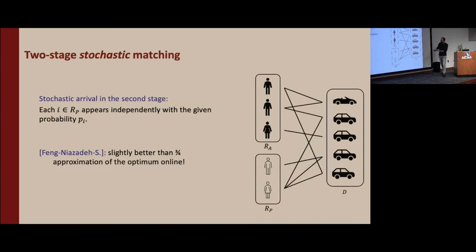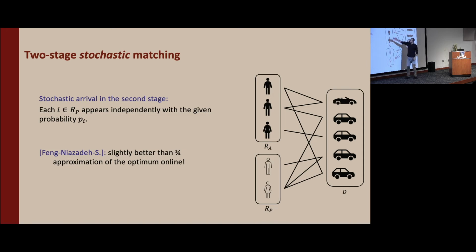So I was going to say that it becomes more fun when you realize that the second set of riders that are arriving are the people who have just opened their apps. They're about to enter the destination into the app, and each one of them has some probability of requesting a ride. So you can say I have the graph for the second stage, and I have the probability of arrival.